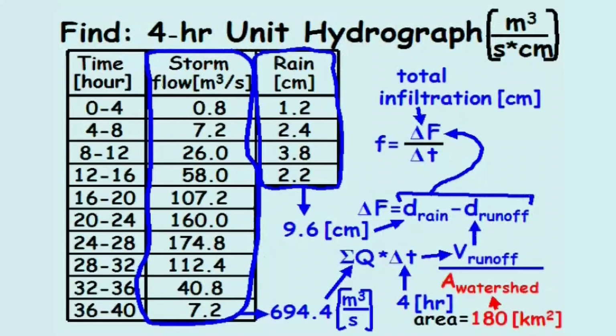The area of the watershed is 180 kilometers squared, and after a few conversions are made, the runoff depth computes to 5.56 centimeters.